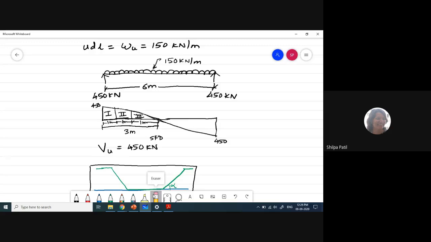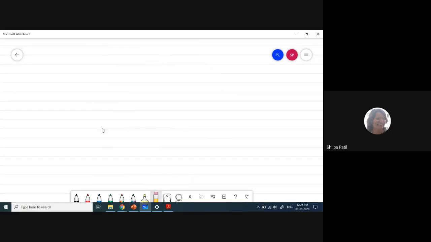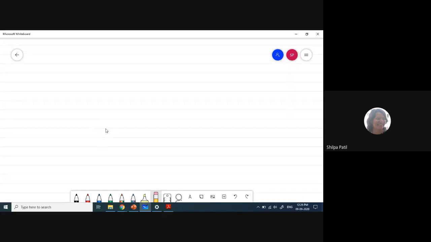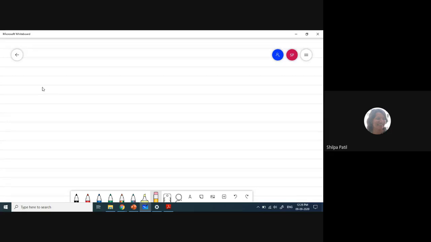I'm going to erase the entire board, and I will draw the diagram again here for the beam. This is the load, 150 kilonewton.